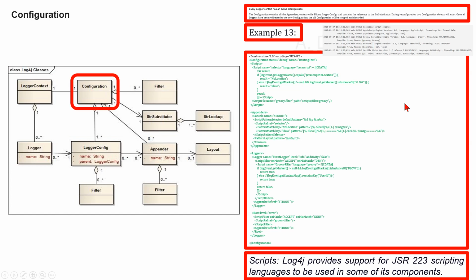If the status attribute on the configuration element is set to debug, the list of script engines currently installed and their attributes will be listed. You can see here.